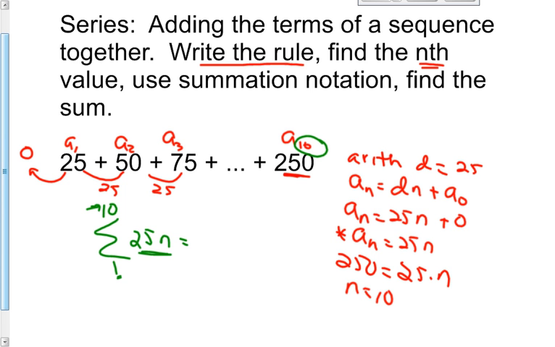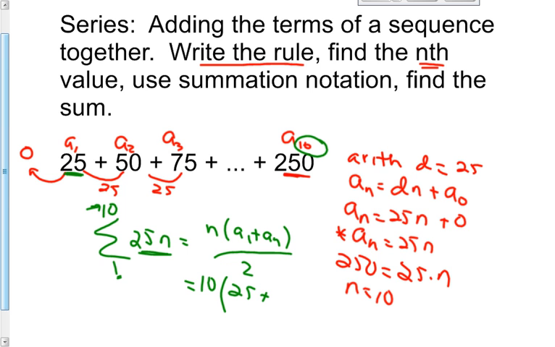Now we solve the sum by using our arithmetic series equation. Do you remember your series equation is n times the first term plus the last term, divided by 2. N refers to how many terms we're going to add together. In our case, we're adding 10 terms together. A sub 1 is the value of the first term. That's this guy, 25.